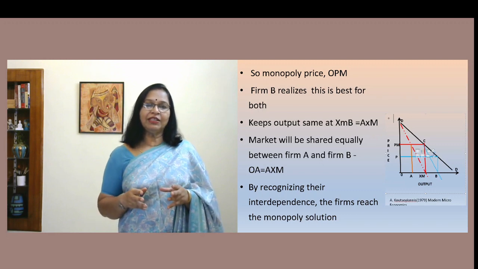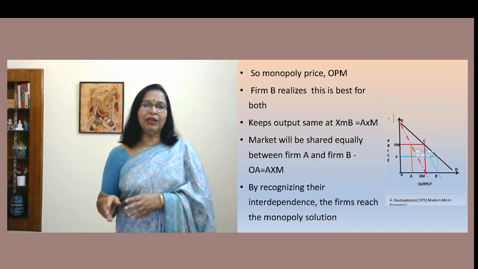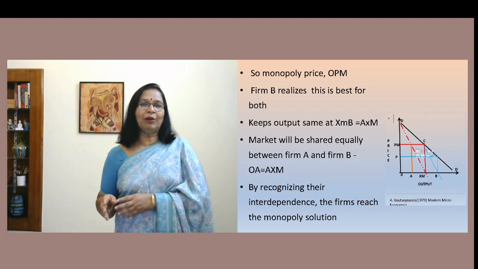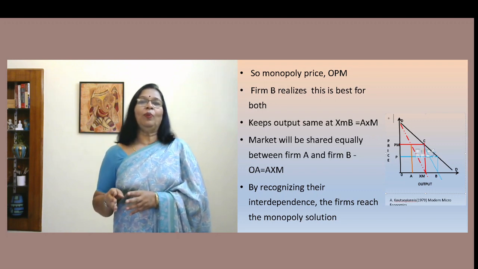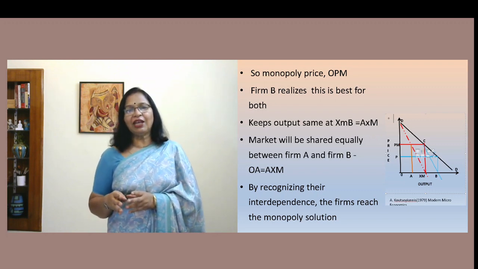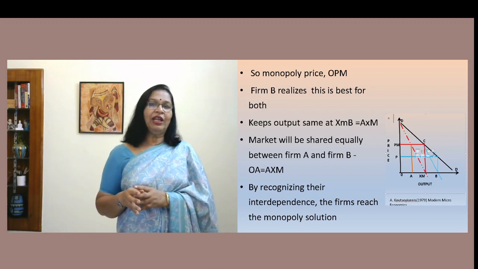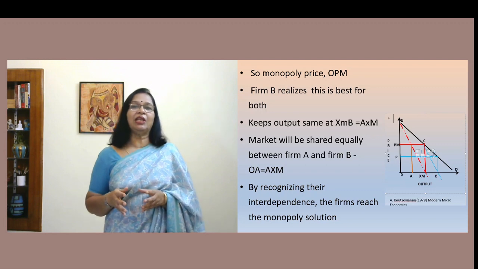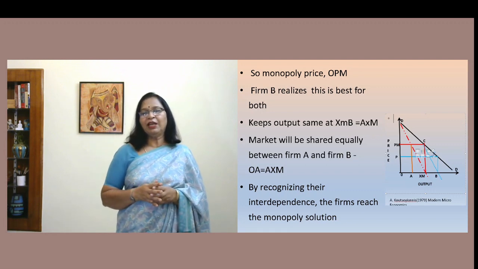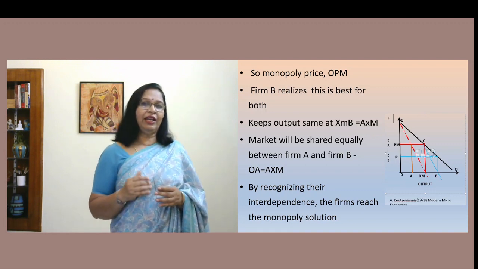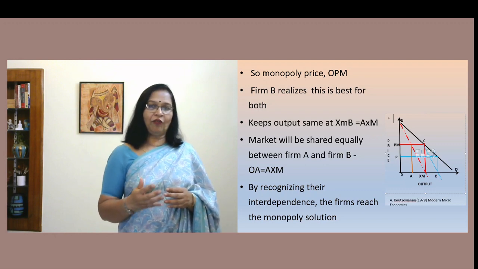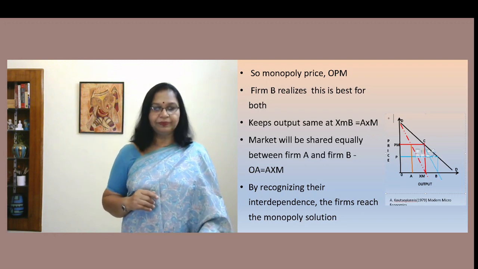From independent decision, we have now come to interdependent decision, and the idea that firms, when they take interdependent decisions and act on the action of the other firm's decision, are able to reach a stable equilibrium and maximize their profits.